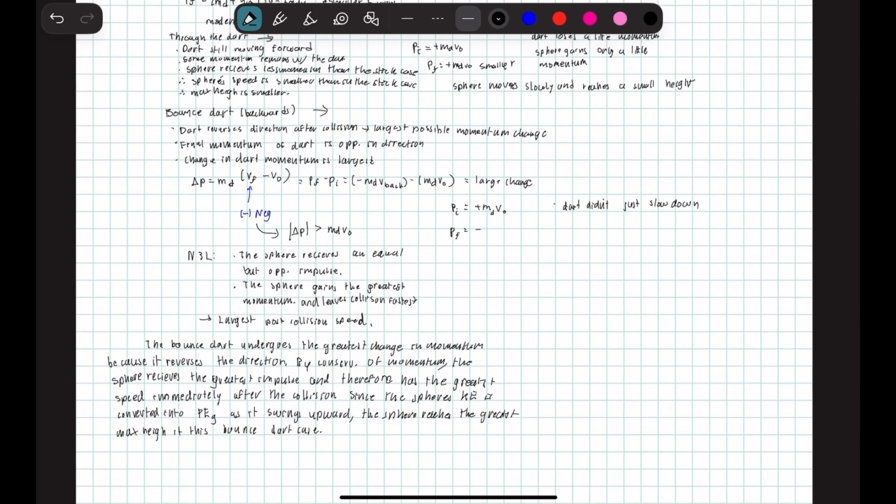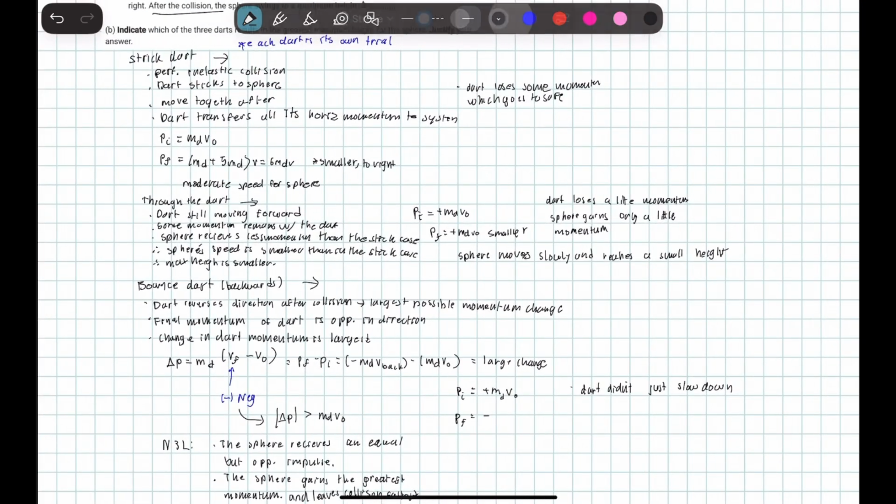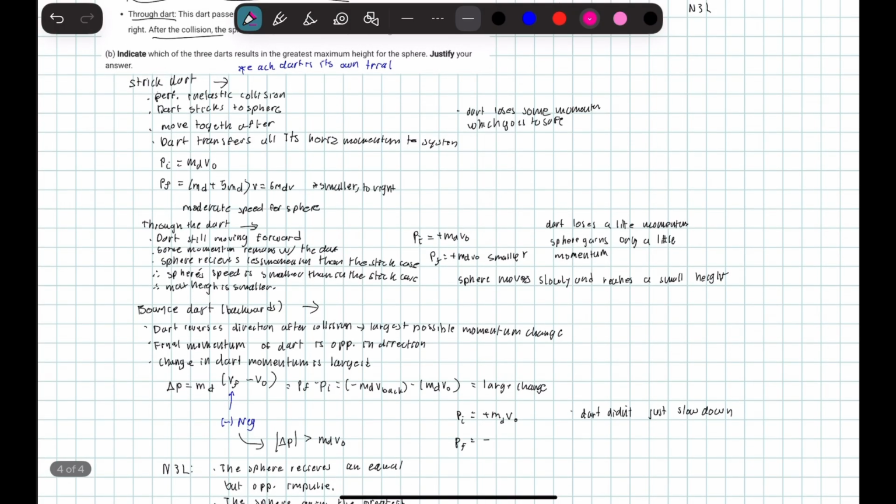Okay, so let's actually write that down. For the stick, it's going to be medium.